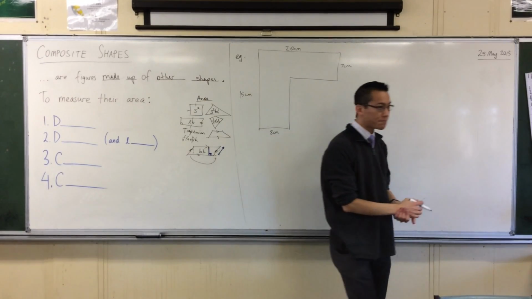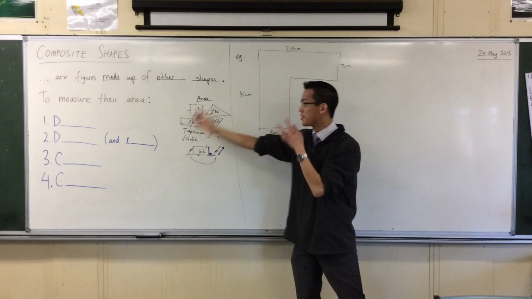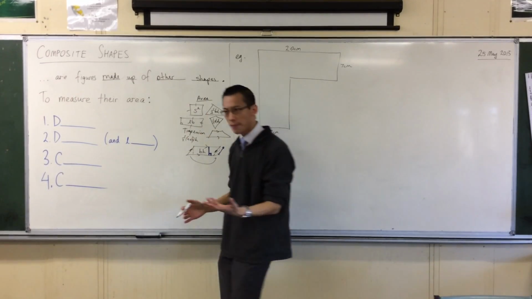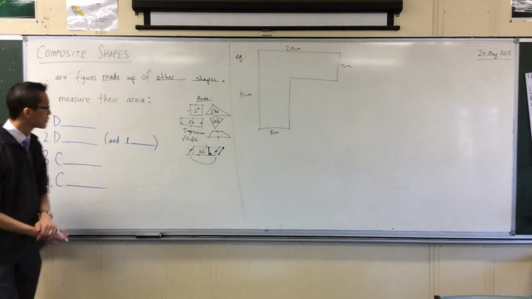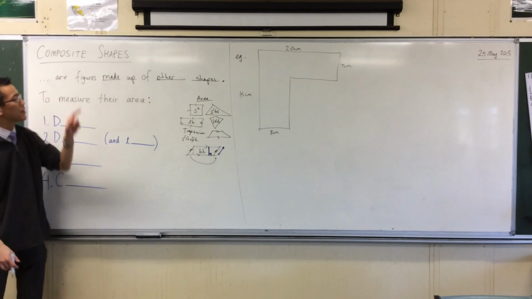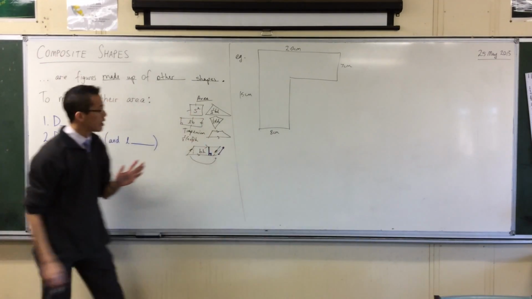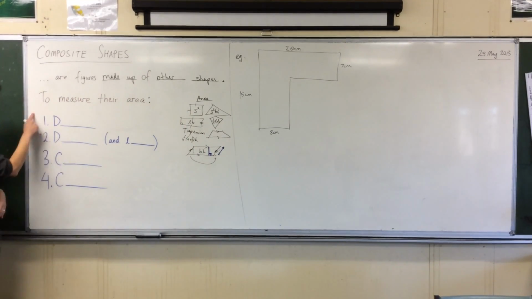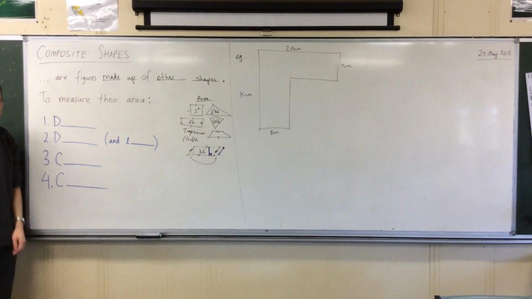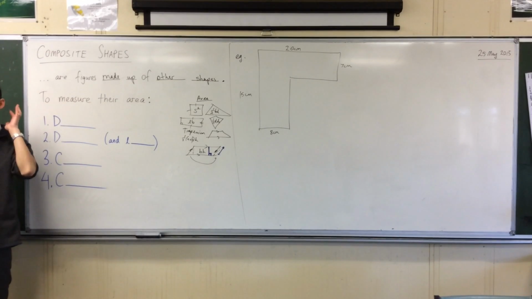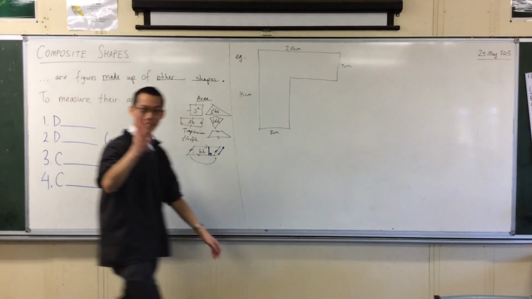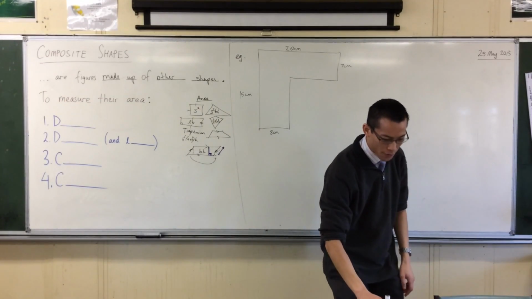Okay? So, all of these formulas that you gave me just now, they're all about area. We moved past perimeter a little while ago. So, to measure their area, because composite shapes are a little trickier than regular shapes, we've got a few steps here, and I couldn't make a proper word out of this, but DDCC hopefully is memorable enough. There are 4 steps to working out the area of a composite shape.